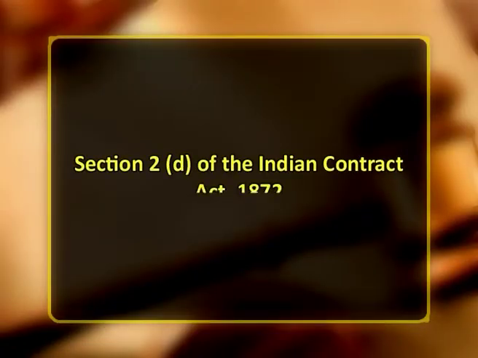Section 2(d) of the Indian Contract Act 1872 defines consideration as: when at the desire of the promisor, the promisee or any other person has done or abstained from doing, or does or abstains from doing, or promises to do or abstain from doing something, such act or forbearance or promise is called consideration for that promise.